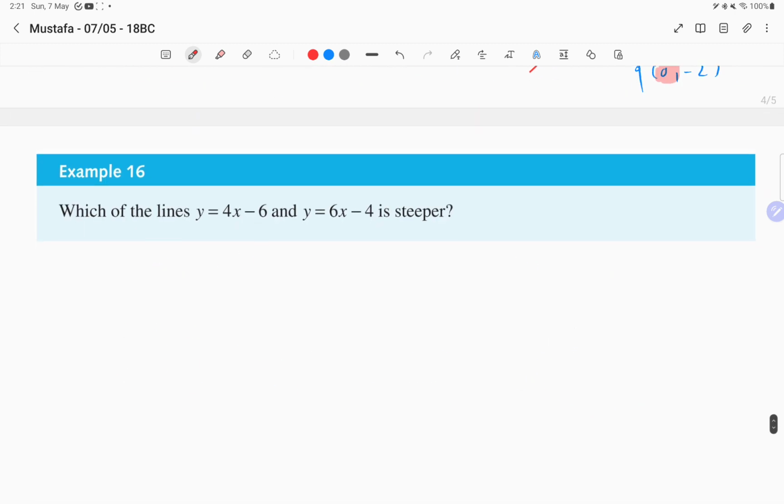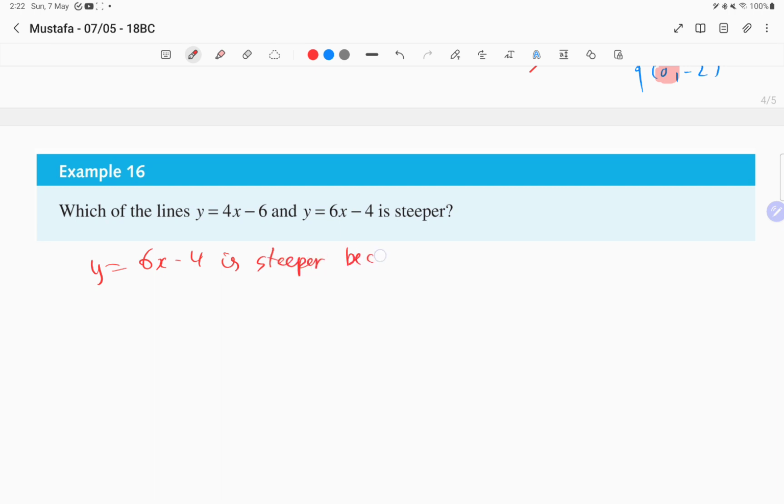Which of the lines y equals 4x minus 6 and y equals 6x minus 4 is steeper and why? Which one has higher slope is essentially what they're asking. 6x minus 4. Yes, so y equals 6x minus 4 is steeper because?